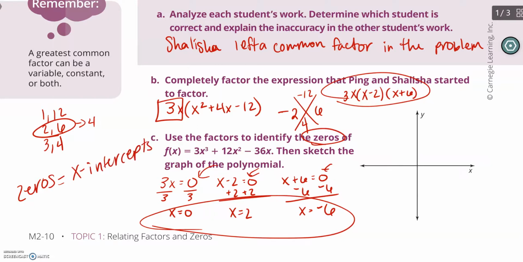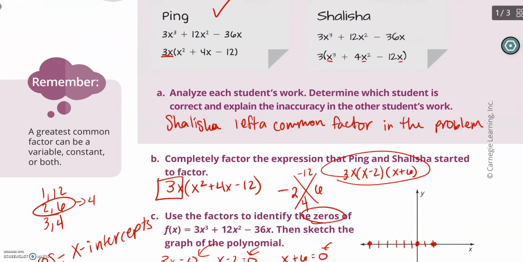Okay. So we have an intersection at negative 6, an intersection at 0, and an intersection at 2. We look back, it is a cubic function, so that means it's either going to look like that or like that.